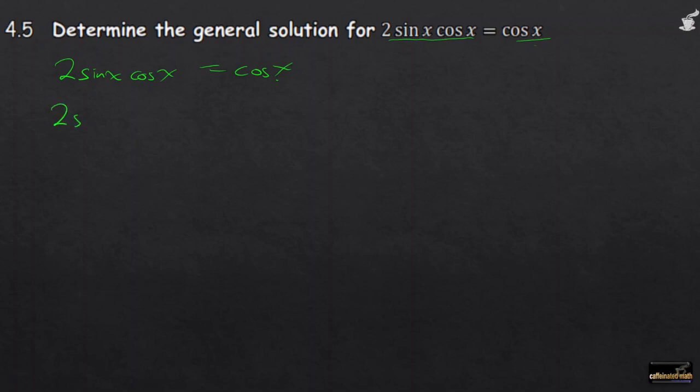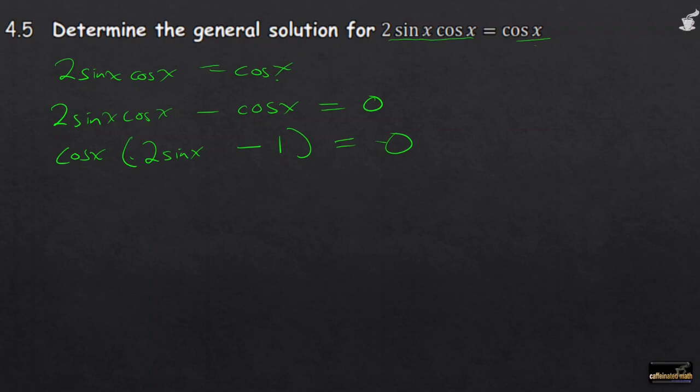Well, factorization does exist in more than just pure algebra. We'll give this equation an algebraic treatment, as it were. So, what do I mean by that? Well, I am going to factorize a cosine x out of that expression on the left, which will leave me with 2 sine x minus 1 as my second factor over there.